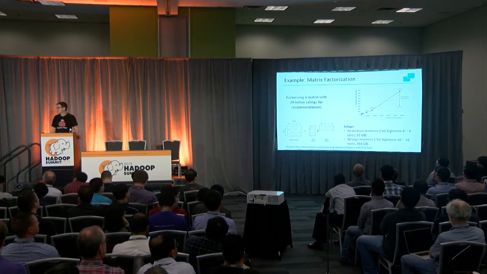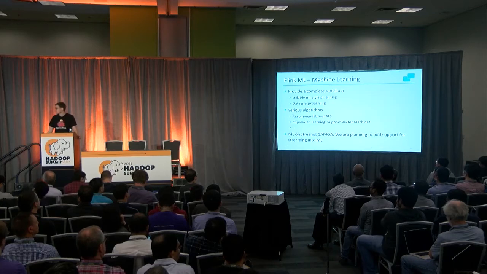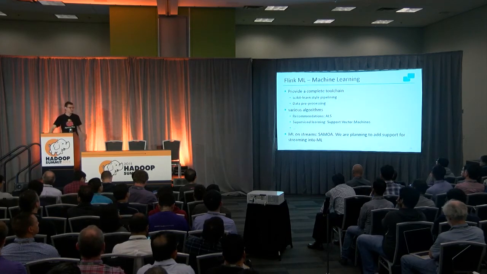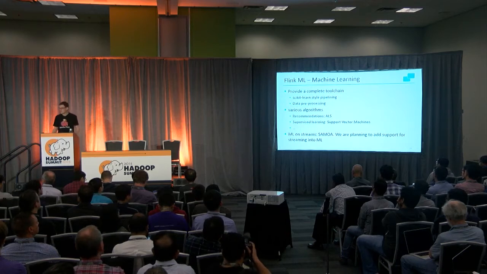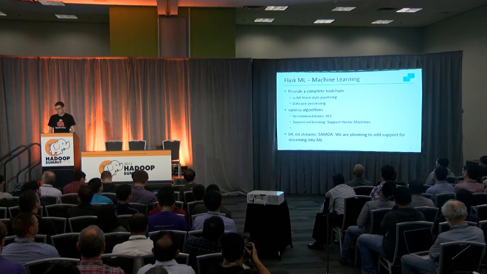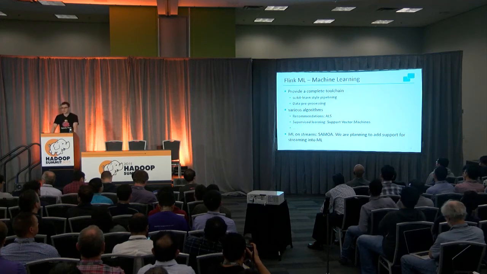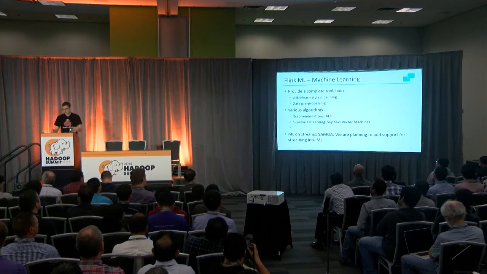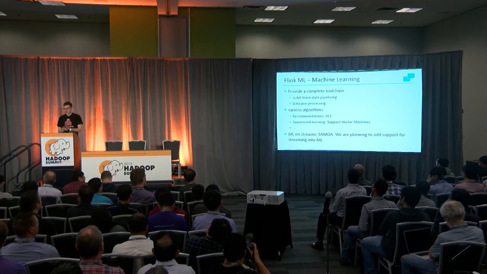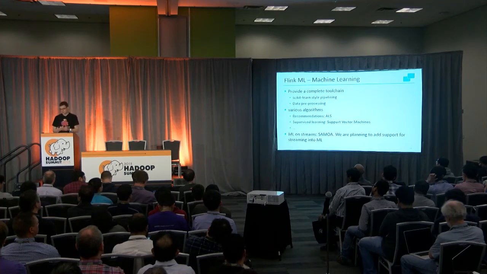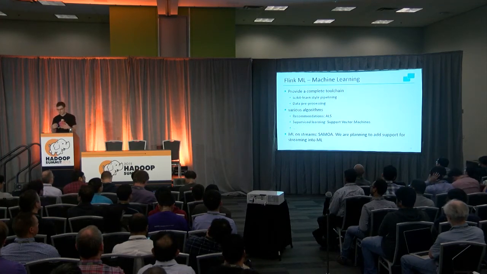If you're excited about this and want to try it out yourself, or use machine learning algorithms on Flink, we have a recently started library, Flink ML. It will provide you a complete tool chain of what you need for doing machine learning. We are following a scikit-learn style pipelining approach where you can plug in different learners and assemble them as you want.